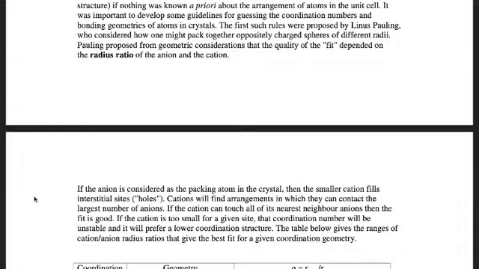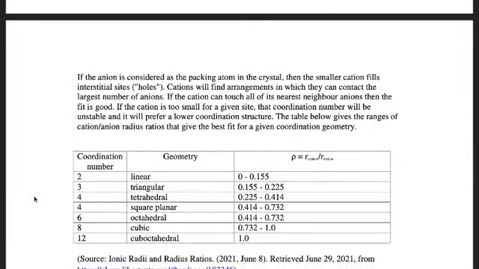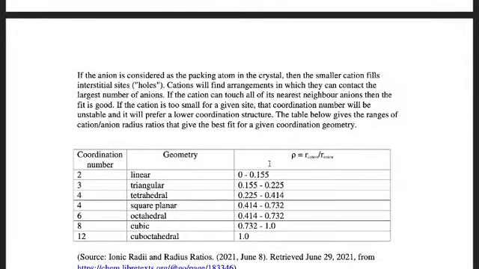The table below gives the ranges of cation-anion radius ratio that give the best fit for the given coordination geometry. Coordination number, geometry, and rho equals r cation by r anion. 2. Linear, 0 to 0.155. 3. Triangular, 0.155 to 0.225. 4.